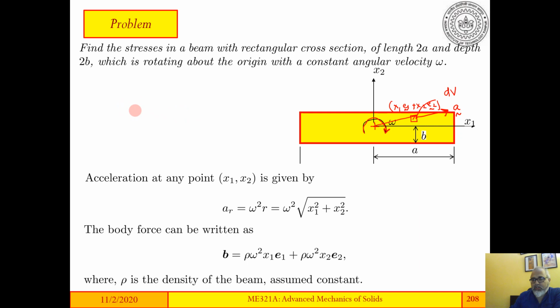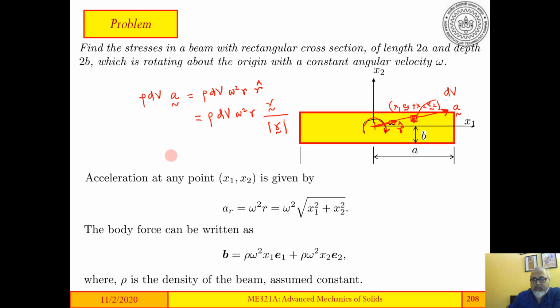that the force on that body, the centrifugal force on this small element, would be rho times dV is its mass, right, times the acceleration, which is equal to rho times dV omega square r times r cap, where r cap is the unit vector along this direction, which is r by mod of r.